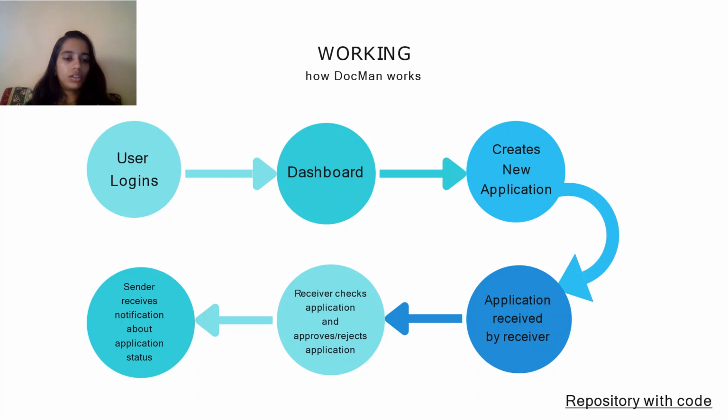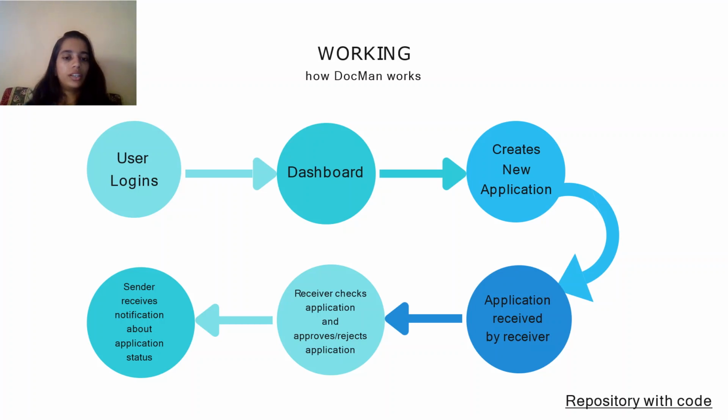Now I am the user who sent the application. On my dashboard, whenever I go to the profile option, I can see my applications and check their status, whether rejected or approved. Let's say it was approved, so I can see the application listed under the approved tab, approved by the intended authority.